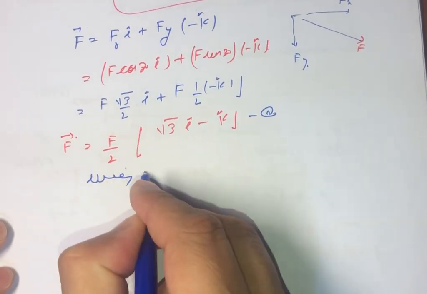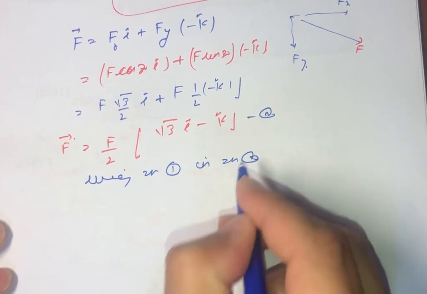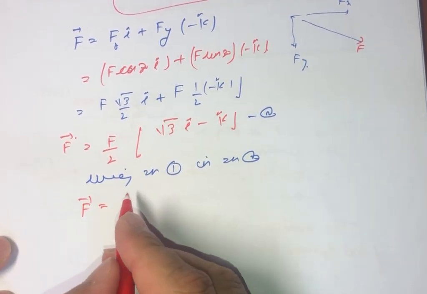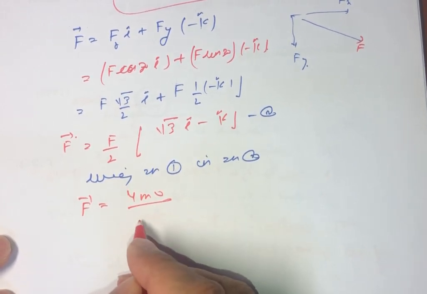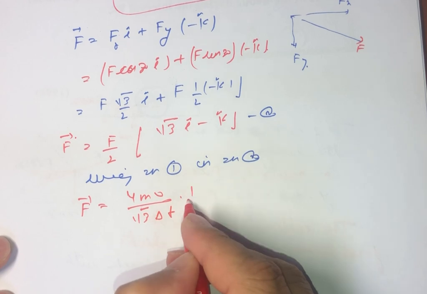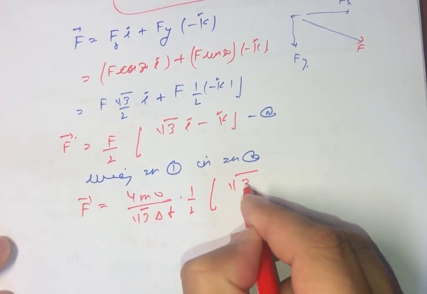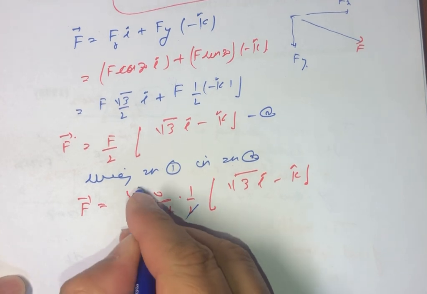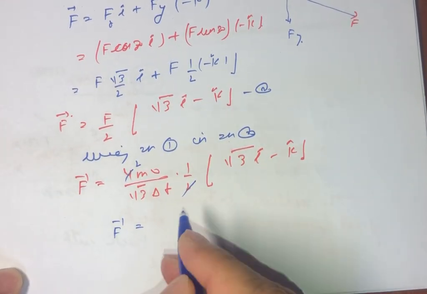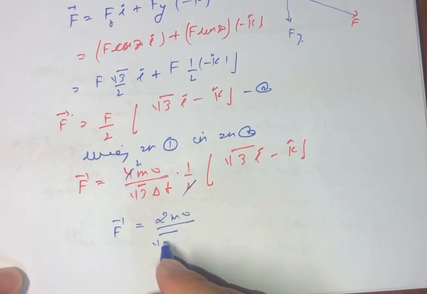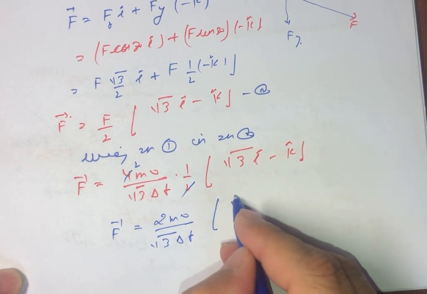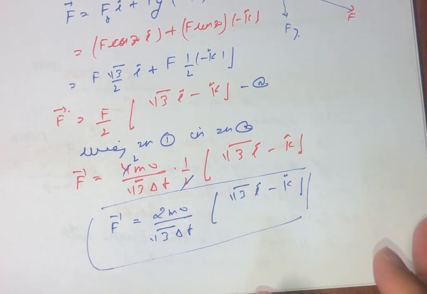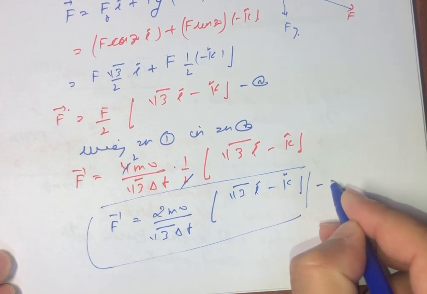Using equation 1 in equation 2, we can say f is equal to 4mv root 3 by delta t, multiplied by 1 by 2, and this is root 3 i minus k unit vector, and the 2 and 2 cancel out. So f is equal to 2mv by delta t times root 3 i minus k unit vector. Let us call this equation number 3.